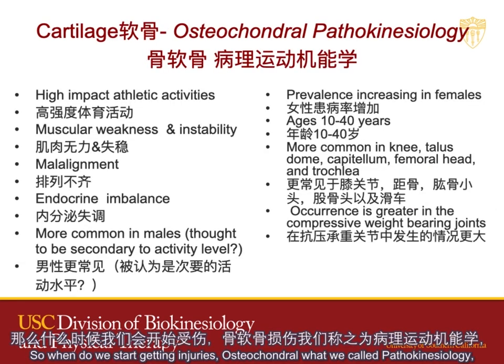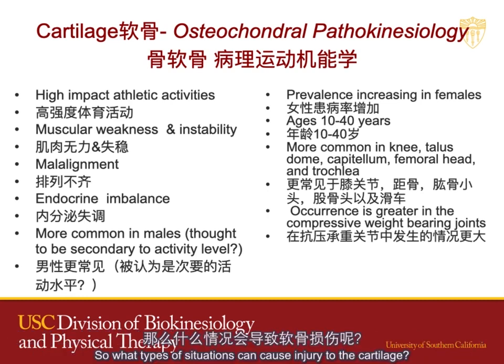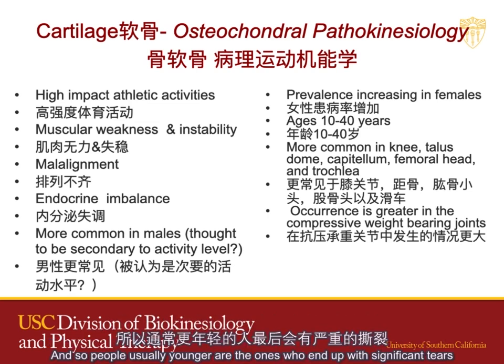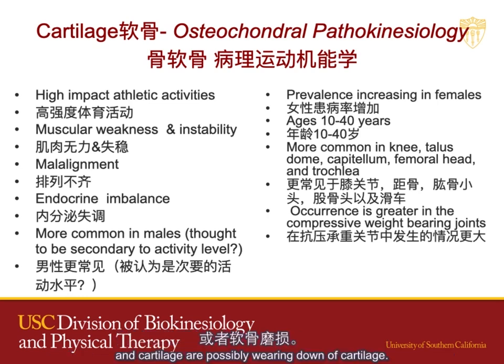So when do we start getting injuries? Osteochondral, what we call pathokinesiology. What types of situations can cause injury to the cartilage? Oftentimes we see these issues to cartilage with high impact athletic activities. And so people usually younger are the ones who end up with significant tears in cartilage or possibly wearing down of cartilage.